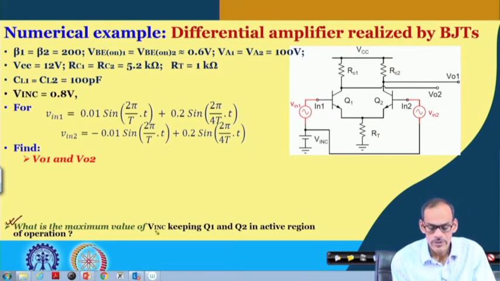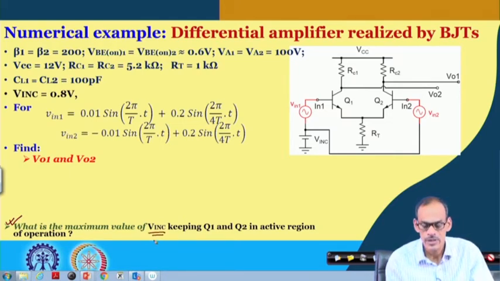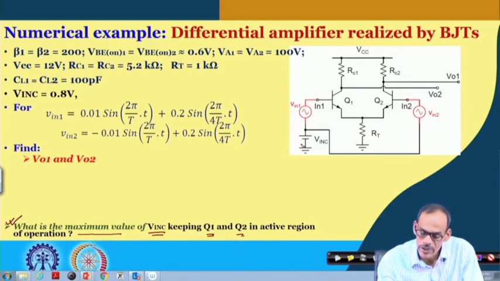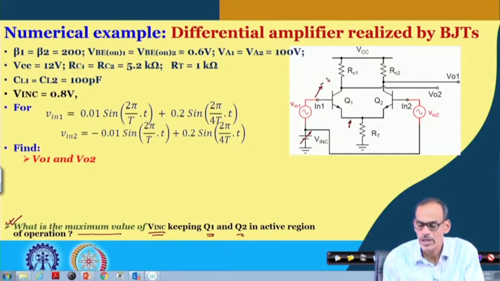What may be the maximum value of this VinC, keeping both Q1 and Q2 in the active region of operation? Which means that we would like to get the limiting case, namely if I increase this voltage, then this voltage will follow the base voltage minus 0.6, and hence this current IRT increases.